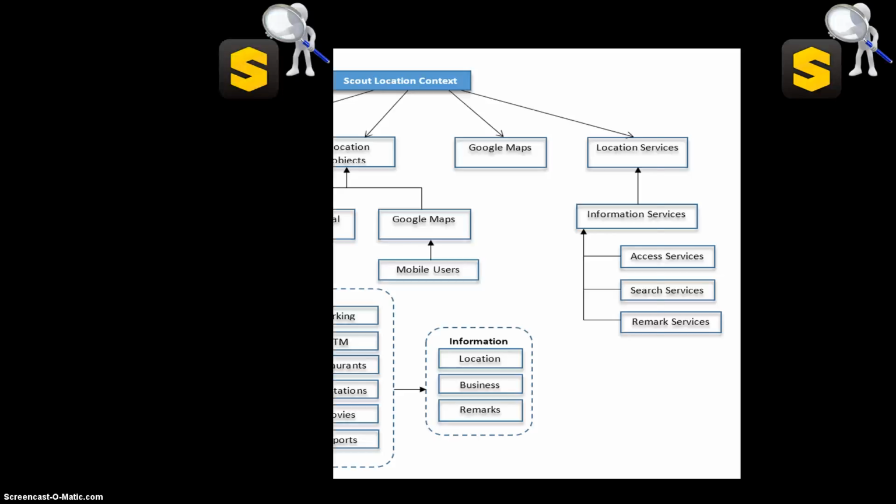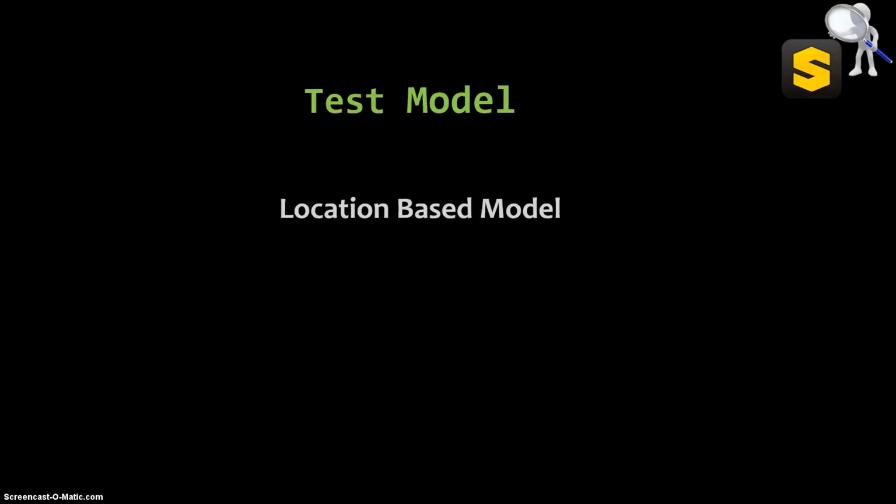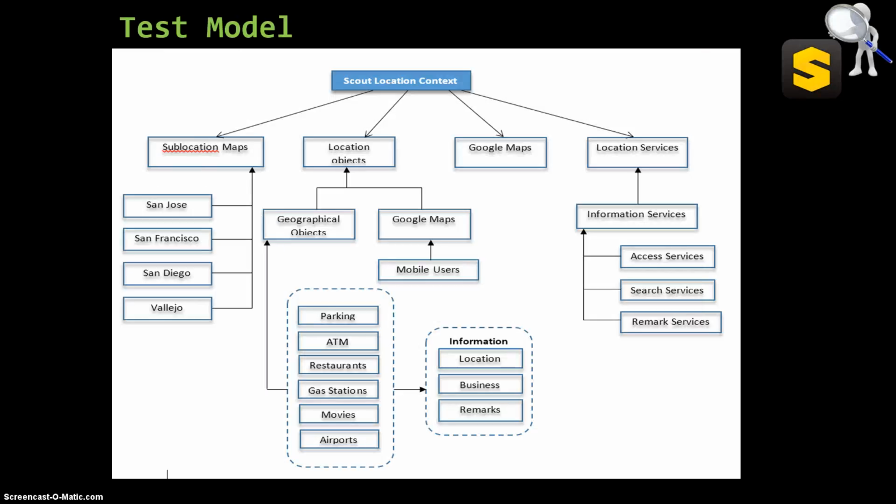The main purpose of our application is location-based testing, and we have used this location-based model. In this model, we have decided a few sub locations on the map, like San Jose, San Francisco, San Diego, and Vallejo, and took some geographical objects like parking, ATM, restaurants, gas station, movies, and airports.